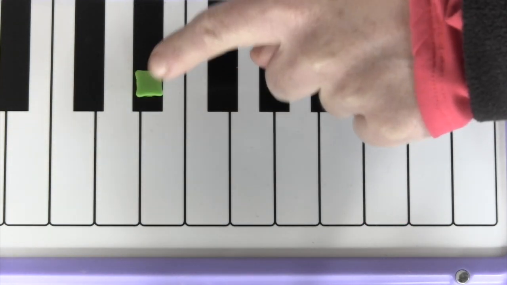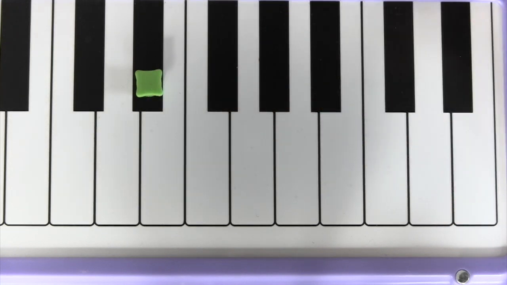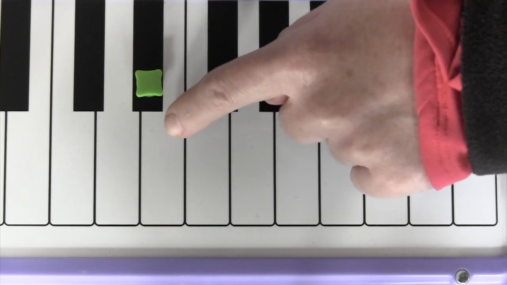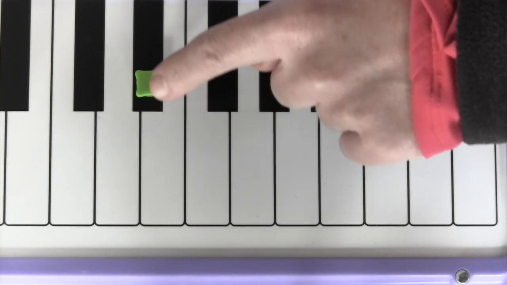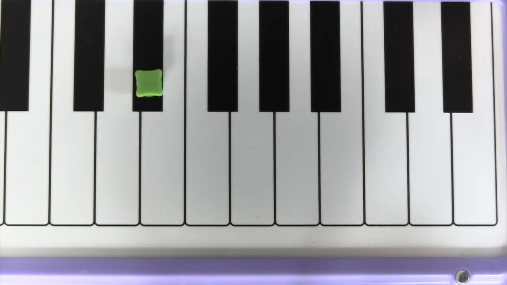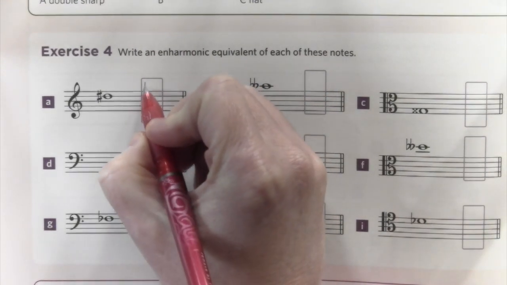So D sharp. But this could be also called E flat. It could also be called F double flat, because it's 2 semitones below F. But for now, let's keep it easy. Let's call it E flat. So here we write it.